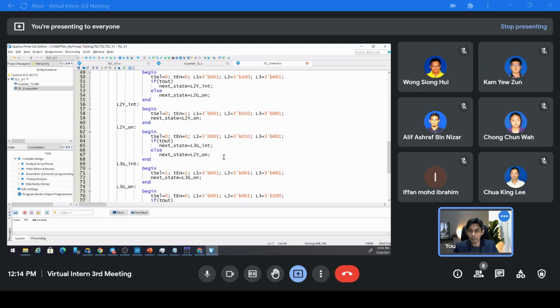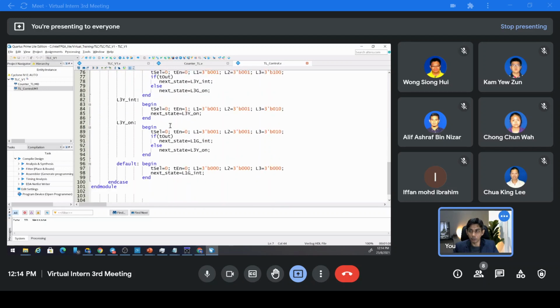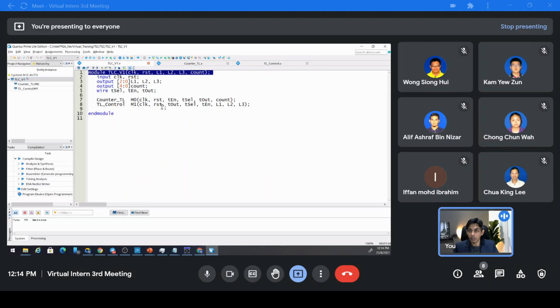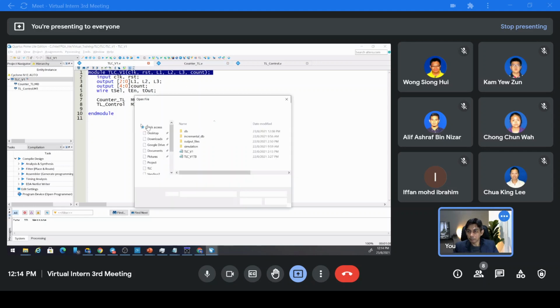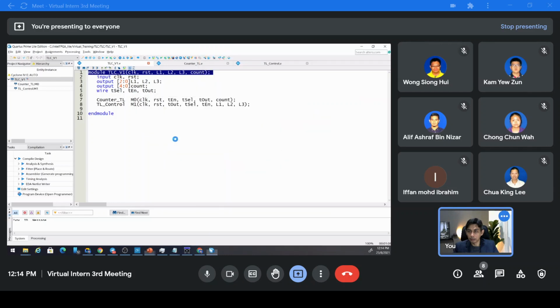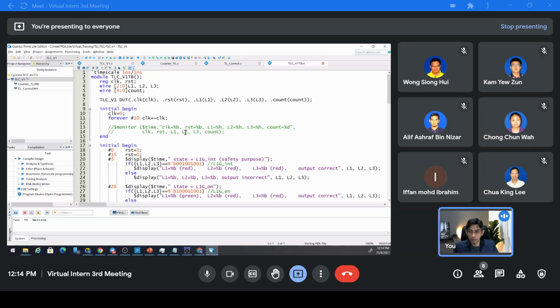Now this is the controller, and you have all the things already, and you combine both. You instantiate the counter module and the controller module in one module, and you have the design. And this is the Testbench.